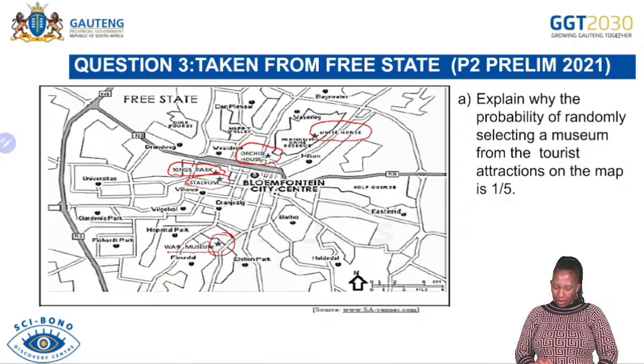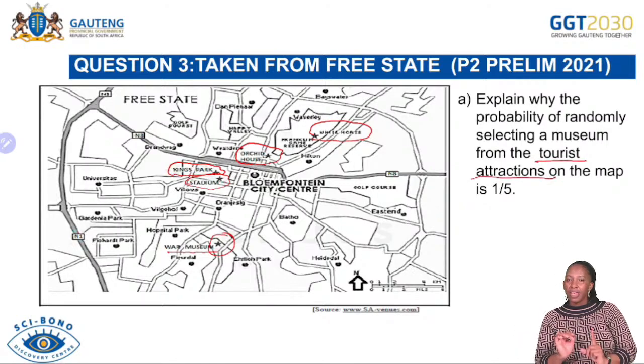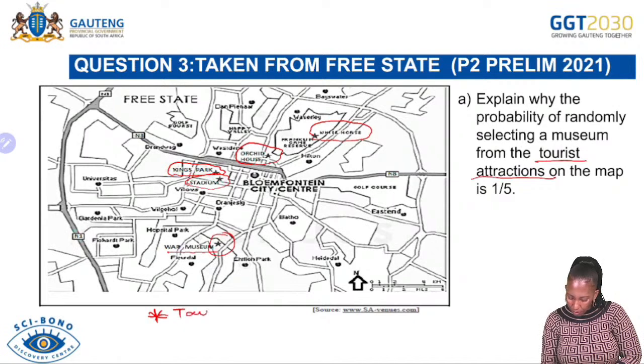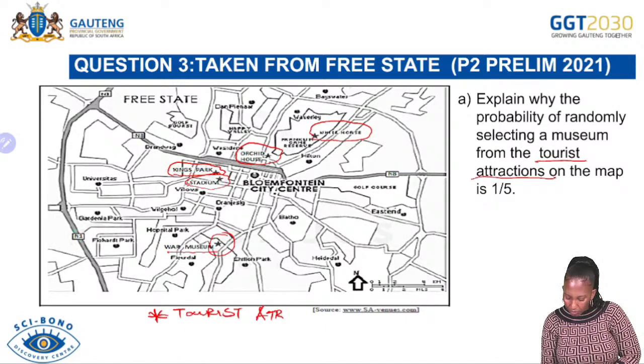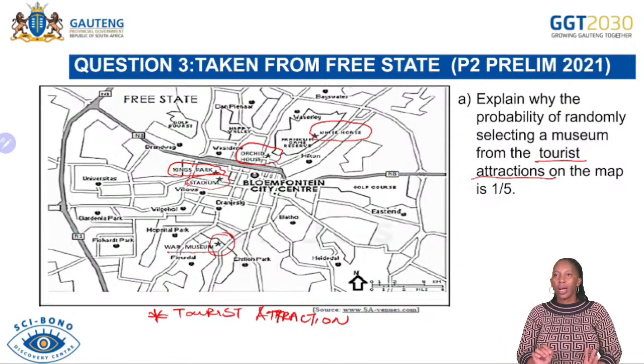There are 5. But out of these 5 tourist attractions, remember, you'll be given the indications or maybe the annotations to say this star stands for the tourist attraction. So it will be indicated in your question paper. So it's easy for you to answer the question.